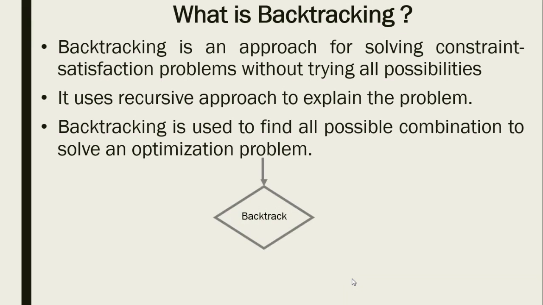If I want to apply a backtracking approach to a particular problem, it will first check whether the solution is obtained or not. If the solution is obtained, there is no need to apply backtracking. If the solution is not obtained, it will backtrack and search for another solution. This process repeats till the solution is found or all the paths have been discovered.